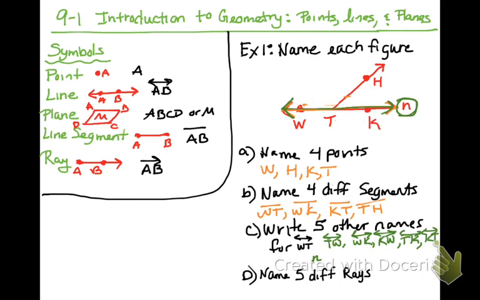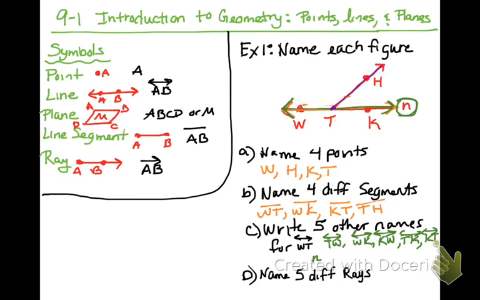Okay, I'm going to make the next part purple for 5 different rays. HK? No, because HK is not even a line. Okay, so we're going to name some different rays. I know the easiest one to notice is TH.